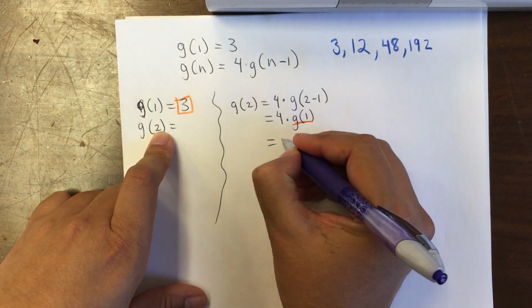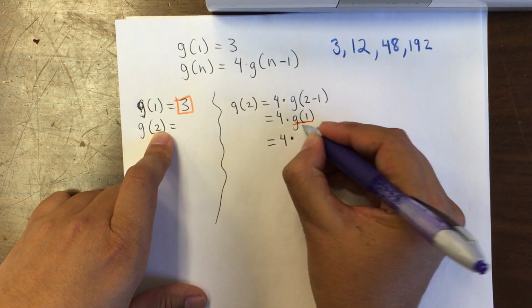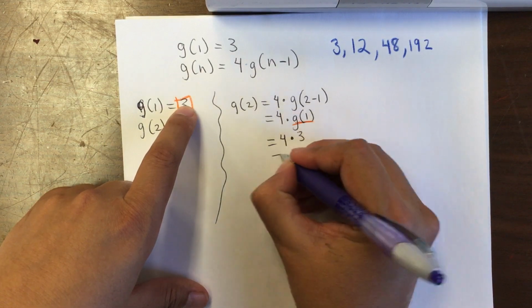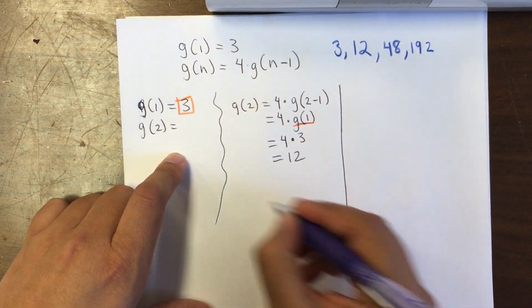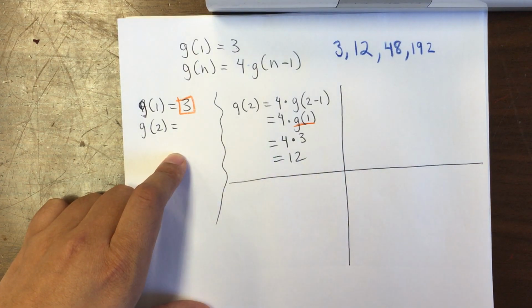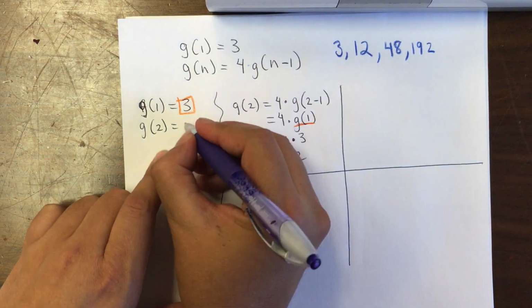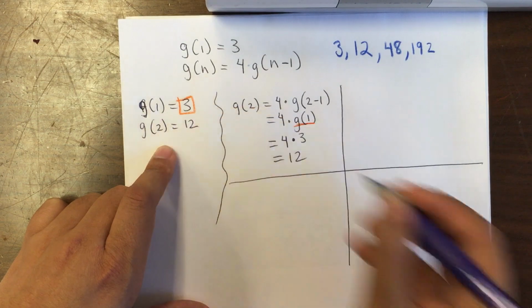And so it's going to be 4 times 3, which is 12, right there. Okay, and let's put the 12 in here.